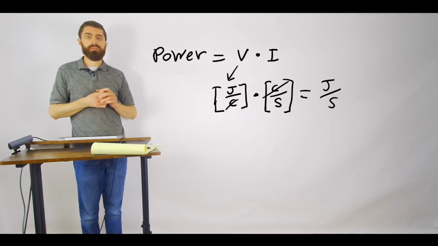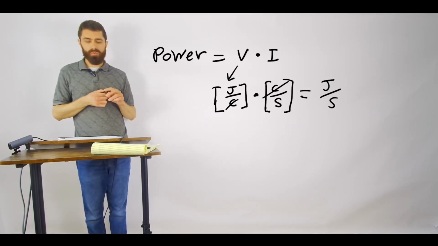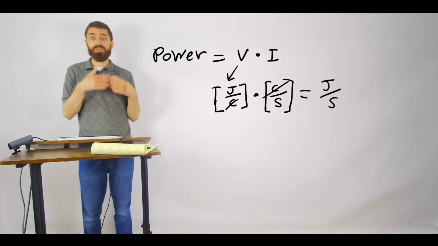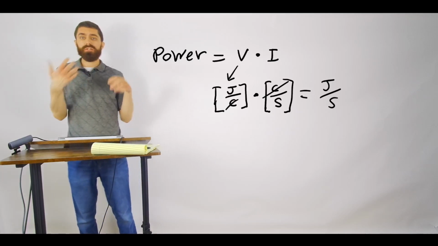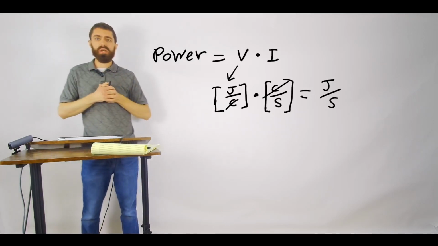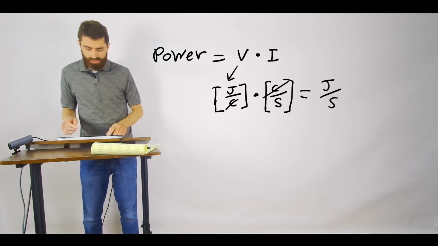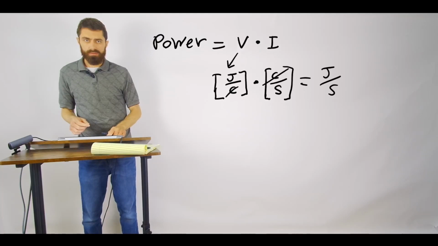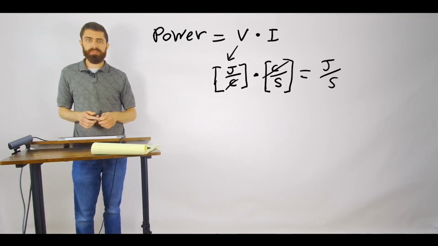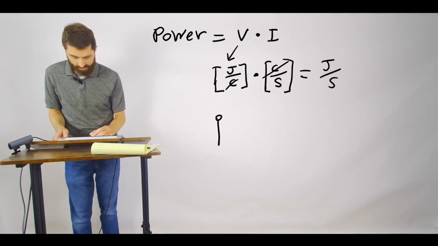Now, the question then that you might ask, though, is how do you know whether the component is consuming power or is it generating this power? And that depends on the orientation of the current. So let's go ahead and say we have a component here.